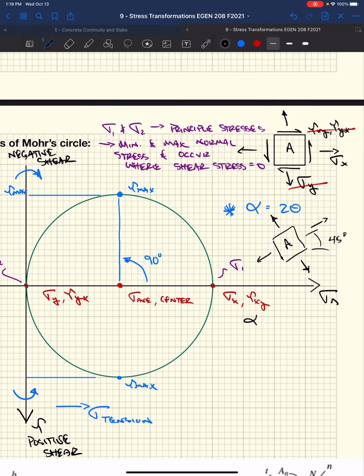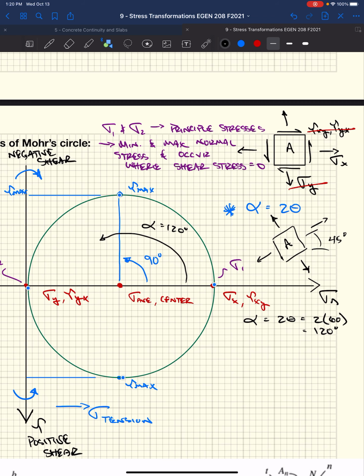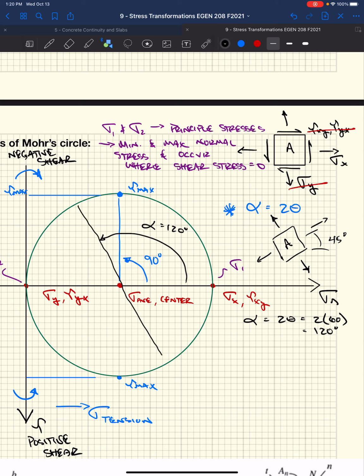We would determine that alpha equals 2 times theta. It's 2 times 60 degrees, so 120 degrees. We would rotate alpha 120 degrees. We would develop a line, something like that, okay?